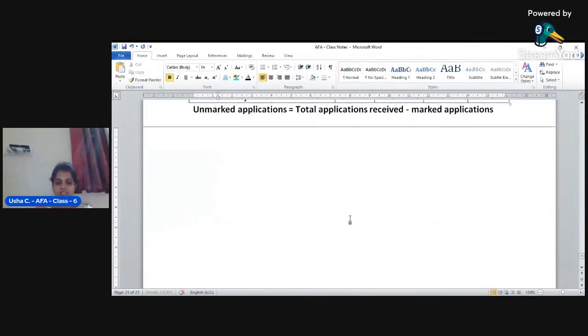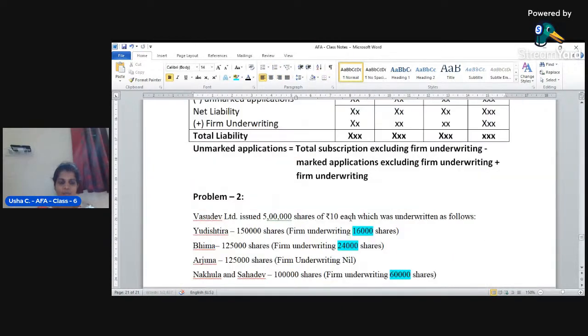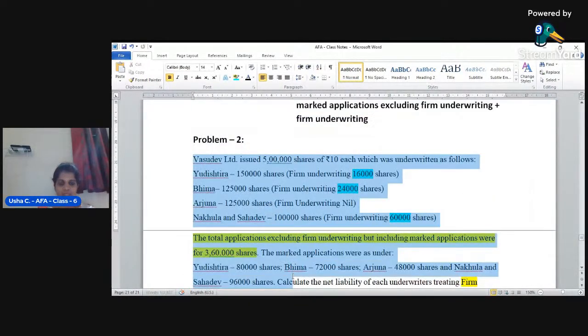Now we'll do this when firm underwriting is treated as marked application. Okay, let us do it with the same problem.